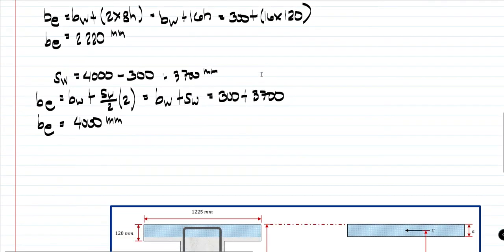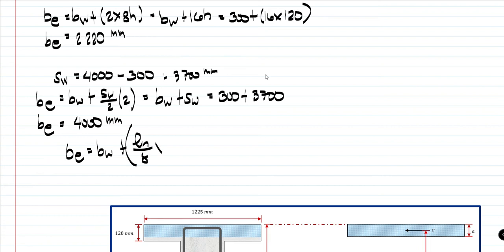So, for our ln over 8, we have here BE is equal to BW plus ln over 8. And since this is each side of the web, so times 2. So, that will be BW plus ln over 4.